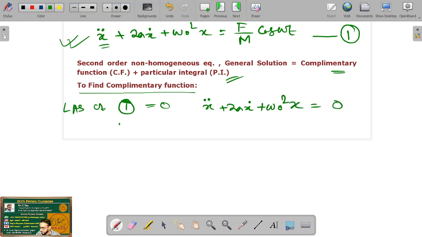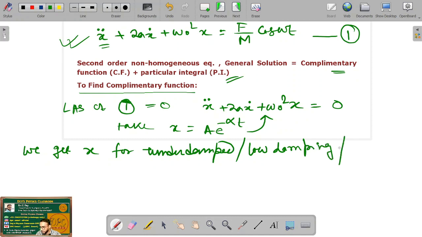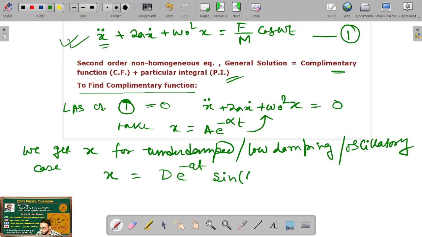We take x equals A e to the power of minus alpha t and put it in this equation, and finally we get x for the underdamped, low damping or oscillatory case as x equals some constant D into e to the power minus at into sine of omega prime t plus phi.